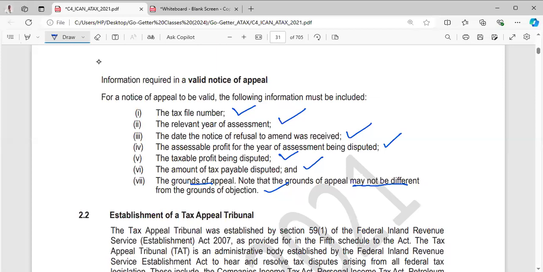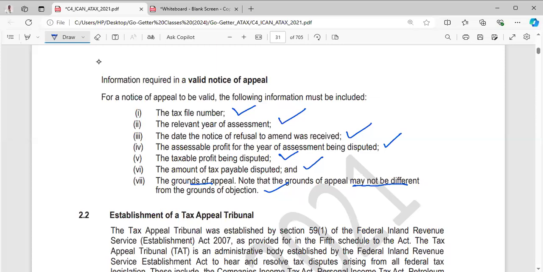All right. Now we have seen a chain of activity. The taxpayer ends its year of assessment, prepares its books, prepares its assessment, and gives a self-assessment which it files to the tax authority.